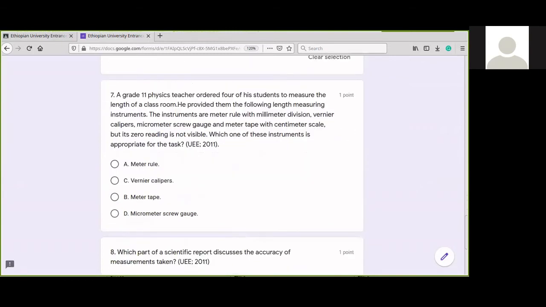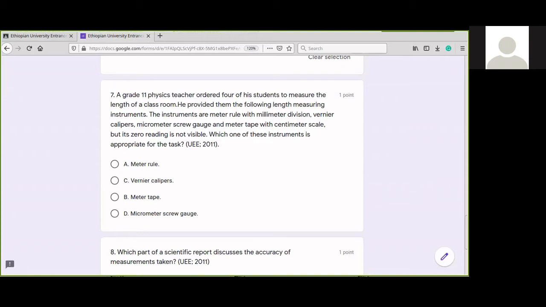Okay. Let's see question number 7. A grade 11 physics teacher ordered 4 of his students to measure the length of the classroom. He provided them the following length measurement instruments: a meter rule with millimeter division, Vernier calipers, a micrometer screw gauge, and a meter tape with centimeter scale, but its zero reading is not visible.